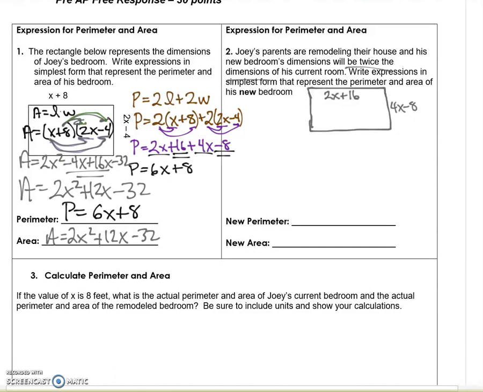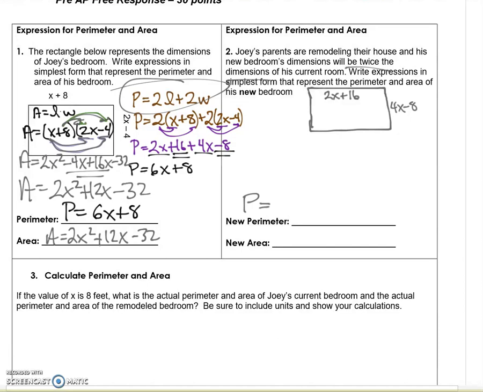Now I could find the new perimeter, and being that I'm taking a test, you really would want to try to do it both ways, especially if you have the time. I take these two new dimensions and plug them into the formula for the perimeter of a rectangle, 2 times the length plus 2 times the width. Or I can take my original perimeter and multiply it by 2.